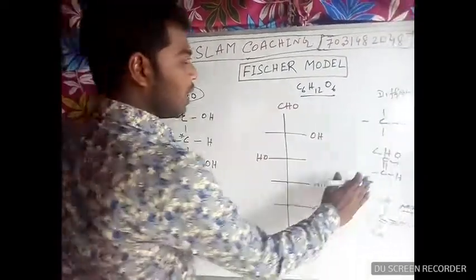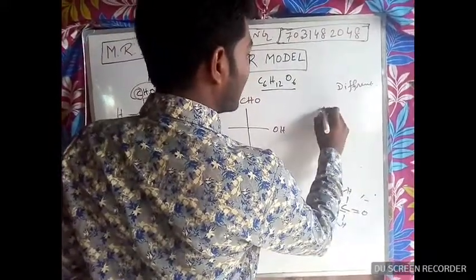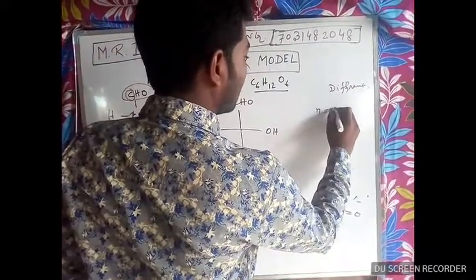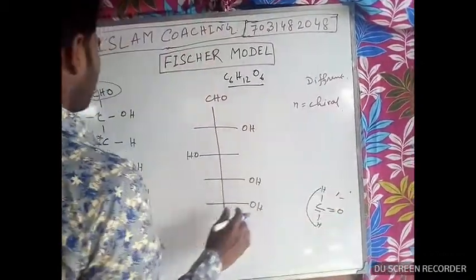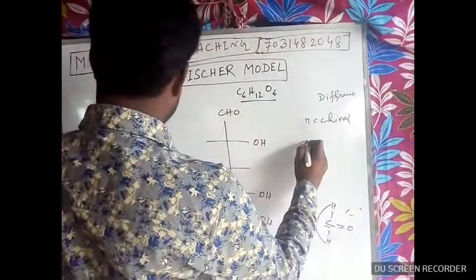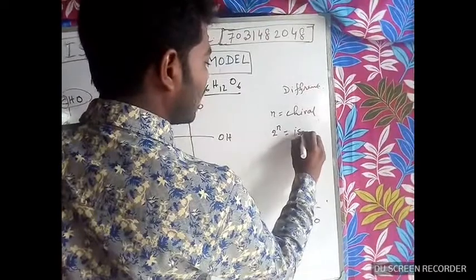We know how the isomer, here n is chiral. Here 2 to the power n equal to isomer.